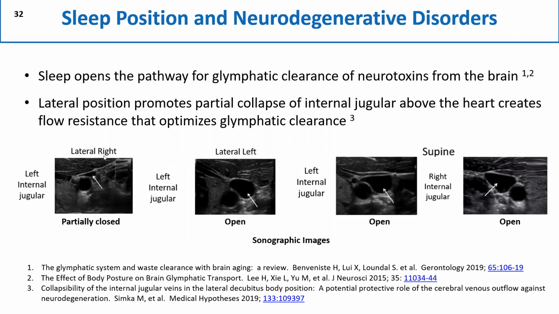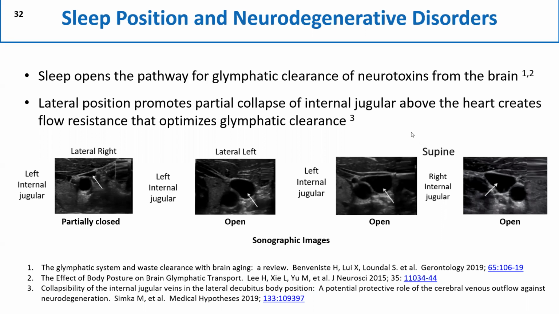When you're lateral right, the left internal jugular is above the heart and there's a partial collapse. When you're lateral left, the left internal jugular is below the heart and there is not a partial collapse. Conversely, the right internal jugular is partially collapsed when you're lateral left. What they found, though, is that in the supine position, both the left and the right internal jugular are wide open.